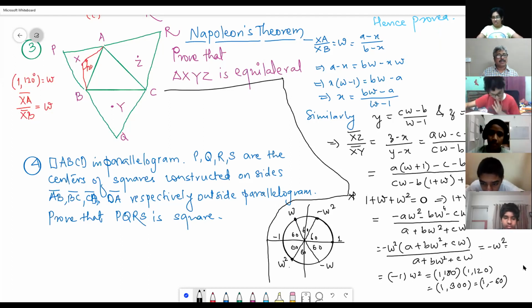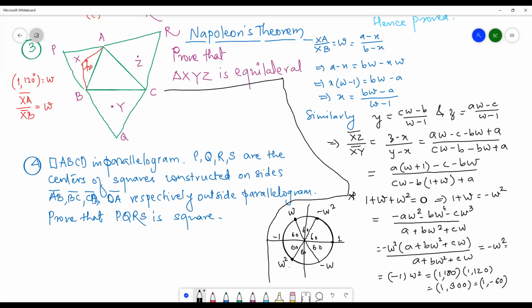I made a mistake there. Xy becomes xz is anti-clockwise, yes, so I made a mistake here. Okay, but not 120. Omega square is 240.